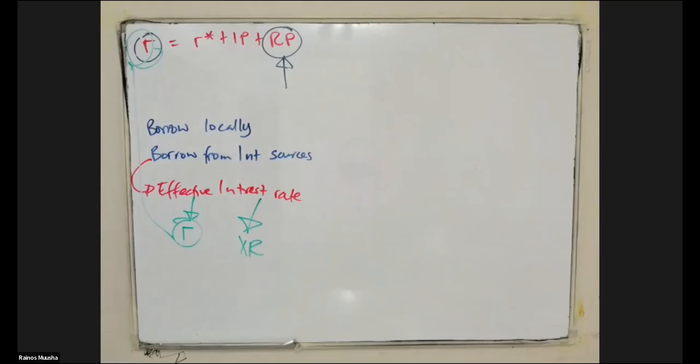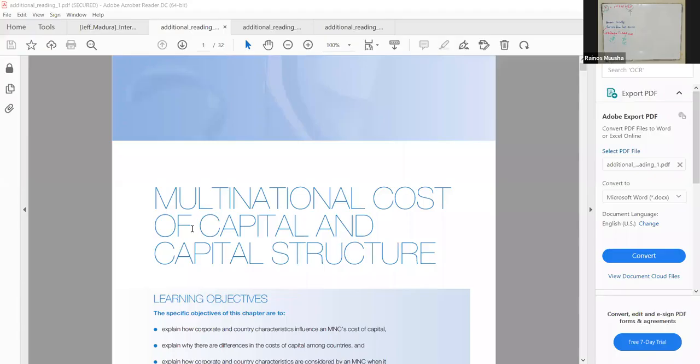So how do we determine the cost of capital from an international perspective? There is a formula that we're going to be learning, by which you are able to convert the cost of capital from a domestic perspective to an equivalent cost of capital from an international perspective, or to another country's perspective as well.